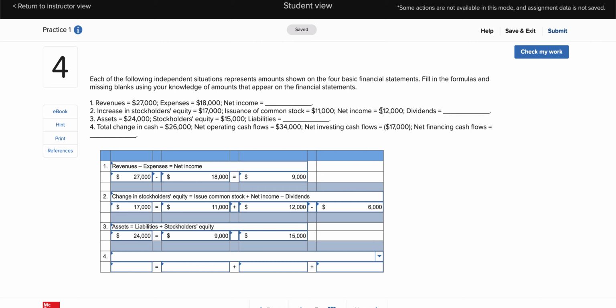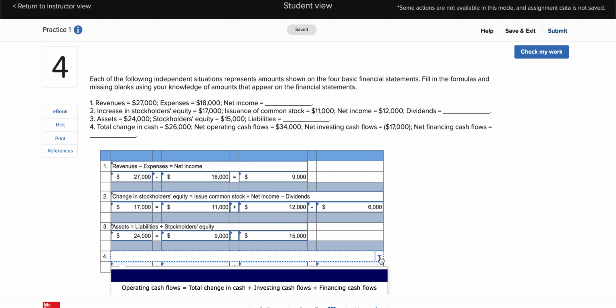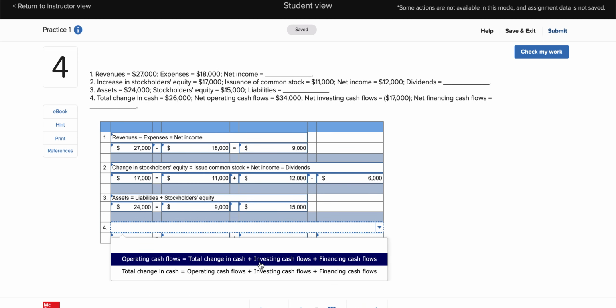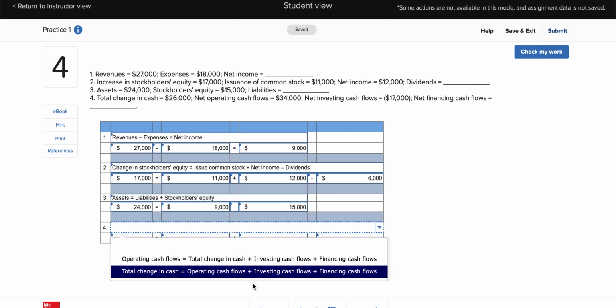This happens to be a minus, so it's plus a negative. So what are we looking for here? Formula-wise, I want the total change in cash equals my operating cash flows plus investing cash flows plus financing cash flows.